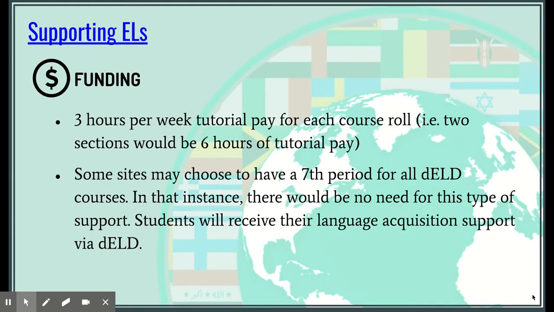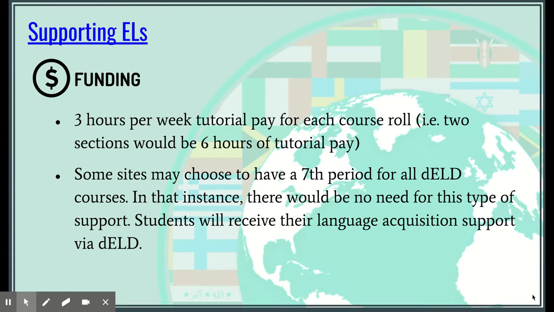Funding. In order for you to be able to do this extra work, there should be some extra pay involved with it. Teachers who say yes to this will earn up to 3 hours of tutorial pay for each course that they decide to do this with. For example, we do have some teachers that teach more than one designated ELD course.